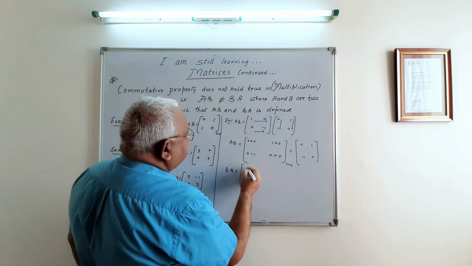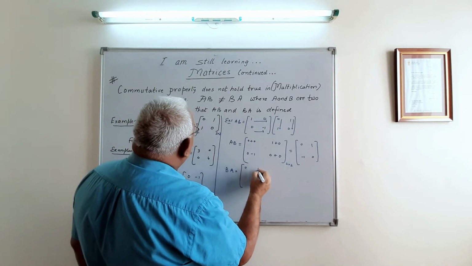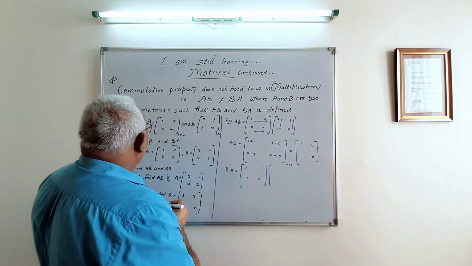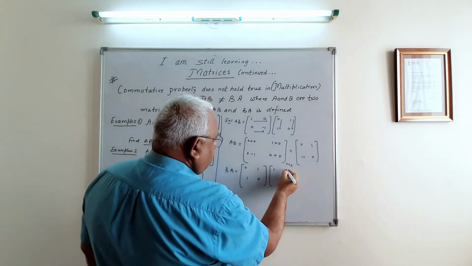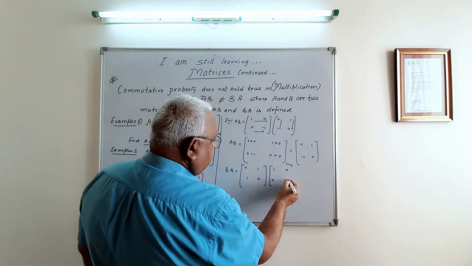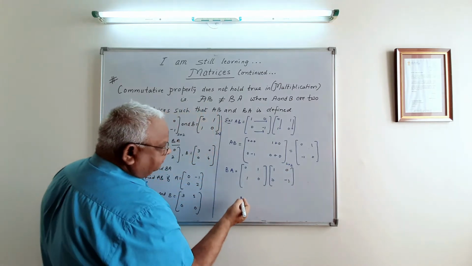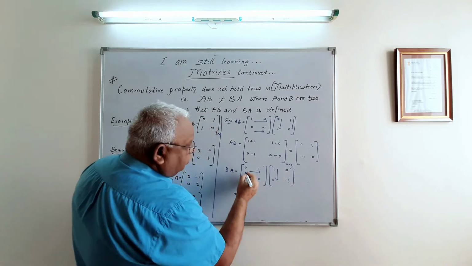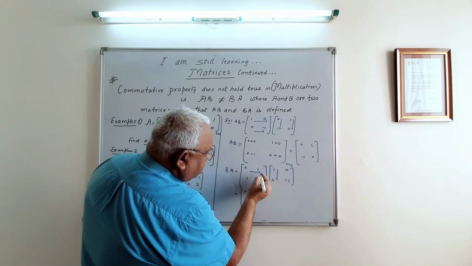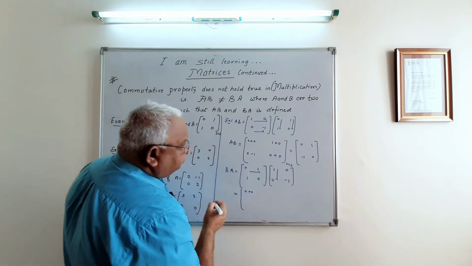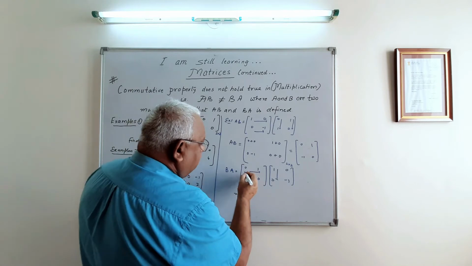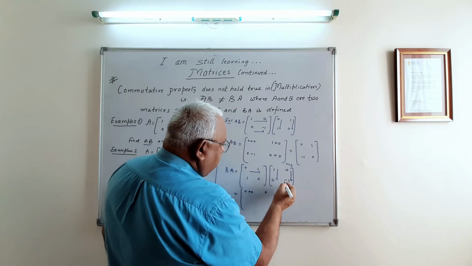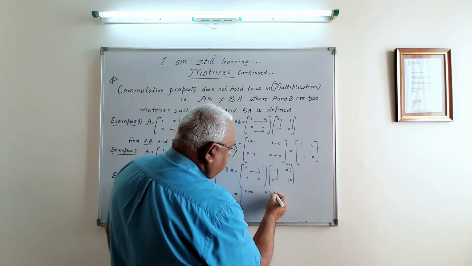So BA is [0 1; 1 0] into A, [1 0; 0 -1]. This gives first row with the first column: 0 into 1 is 0, plus 1 into 0 is also 0. Then first row, second column: 0 into 0 is 0, 1 into minus 1 is minus 1.